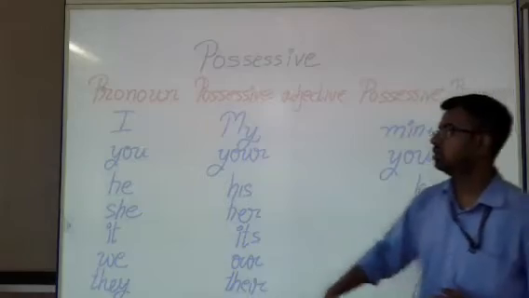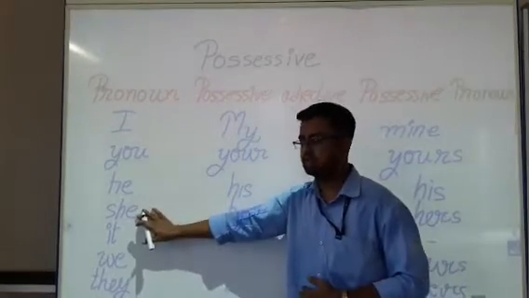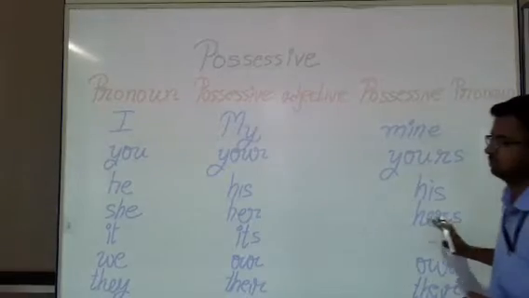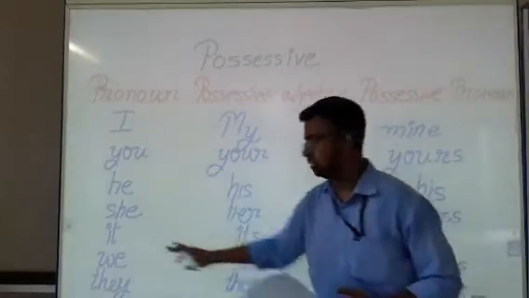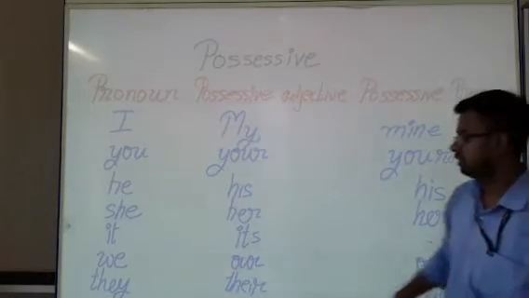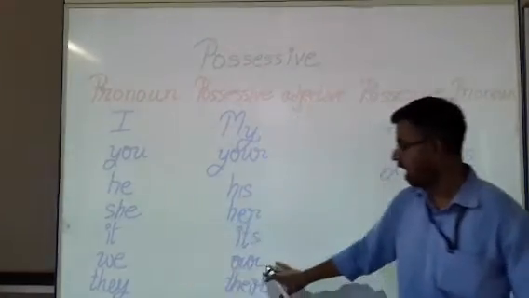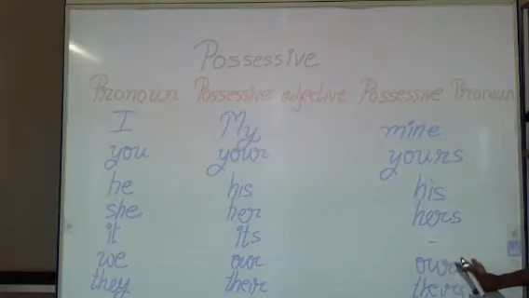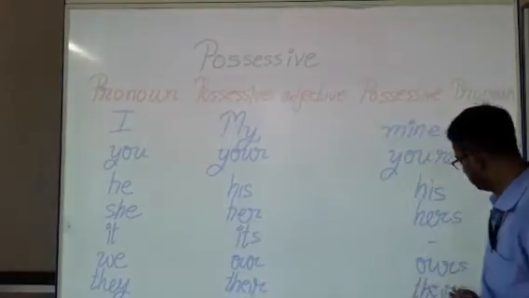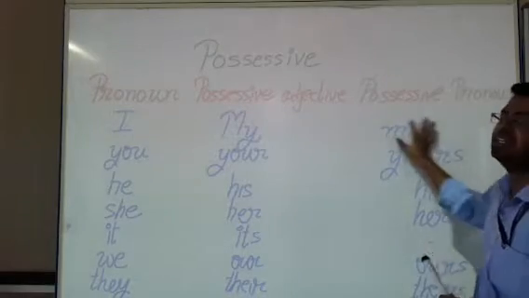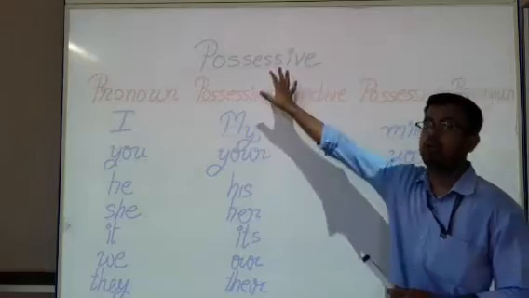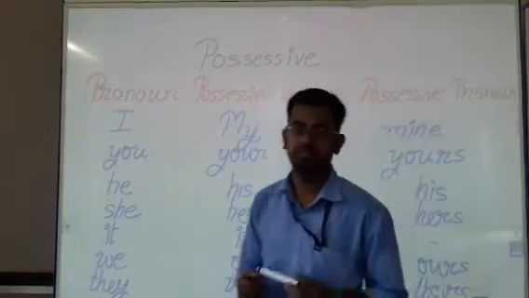His. She is also third person. Hers. Its. We. Our. Ours. They. Their. Theirs. So all these words come under the category of possessive determiners.